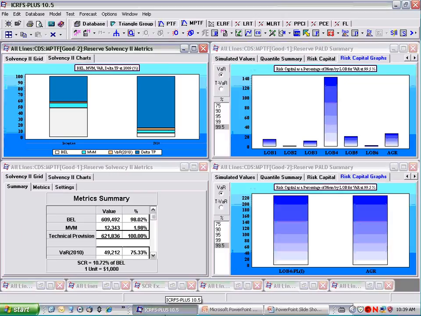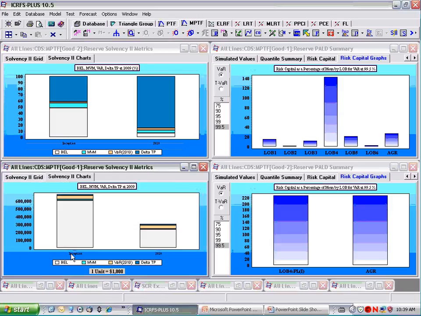So let's just do some comparisons. This one goes with this one, and this one goes with this one. So here, when you've looked at the aggregate, the SCR is 65 million.